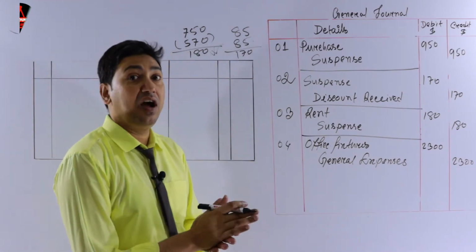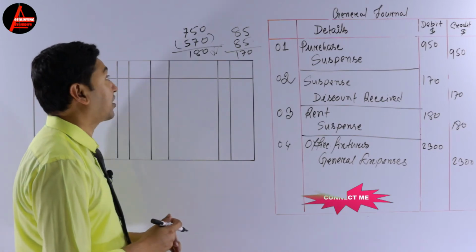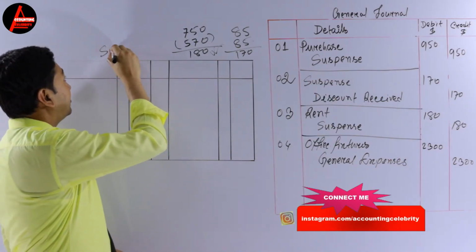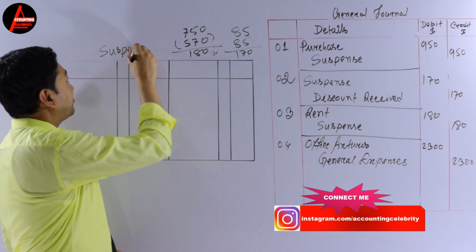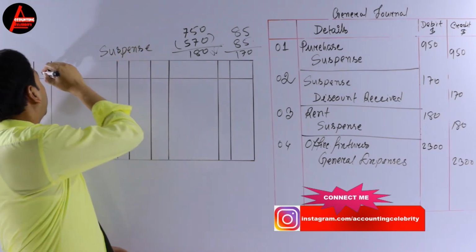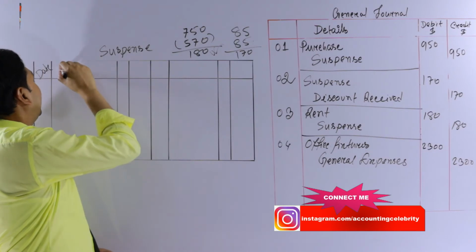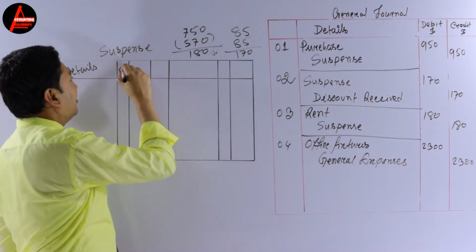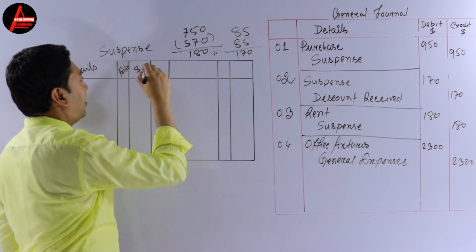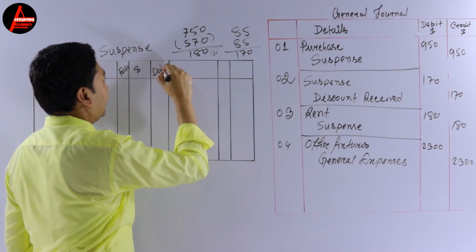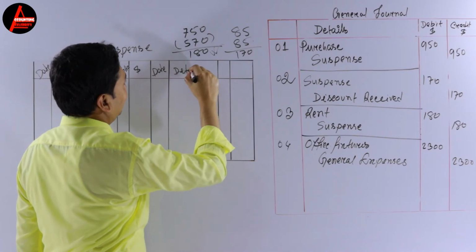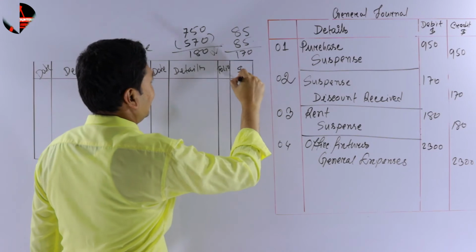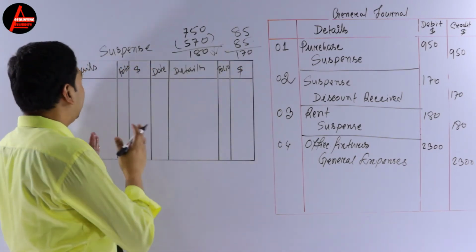Okay, so now I'll show you the suspense account. Look here, this is the suspense account. Here we have the date, details, folio, dollars, and the same here.